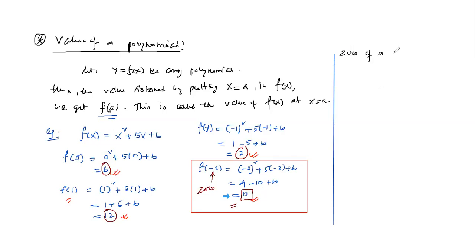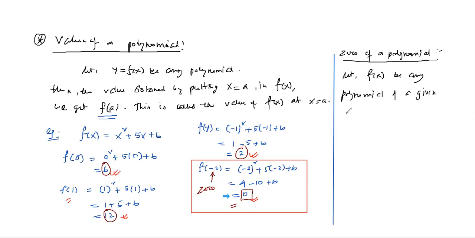Zero of a polynomial. Let f(x) be any polynomial of a given degree.